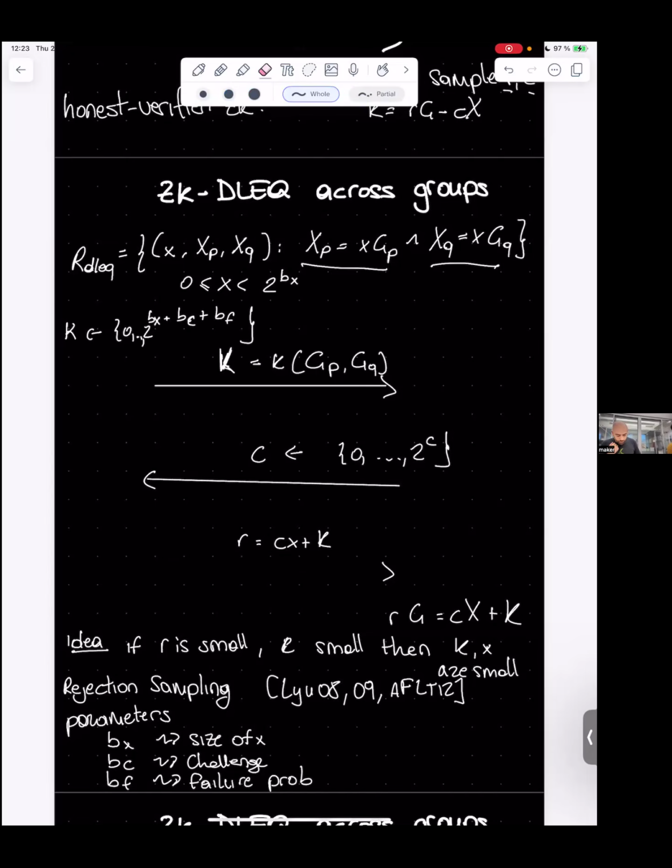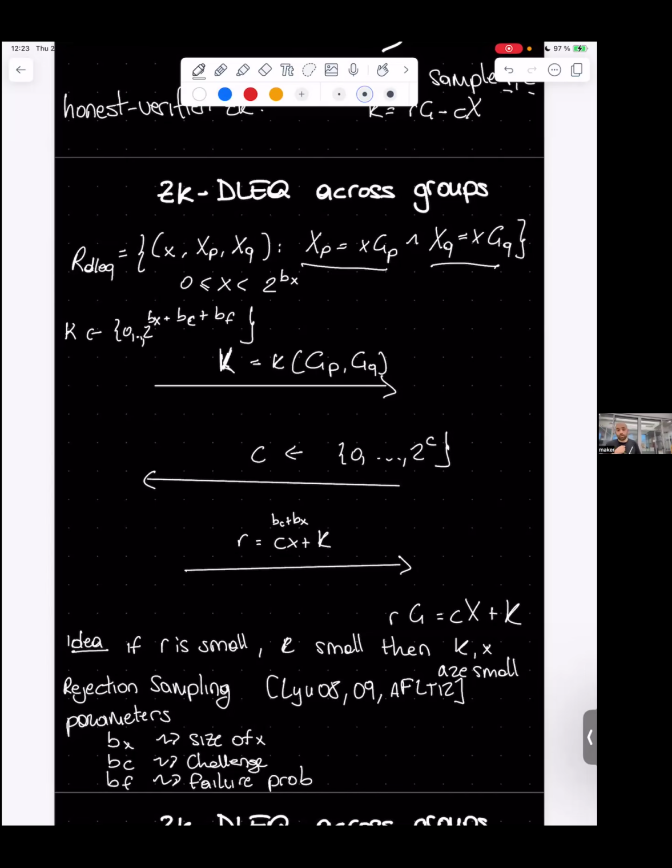Let's think about this operation again for computing the response over the integers, and try to compute the bits. So if C has number of bits B of C and X has number of bits B of X, then this multiplication will give us at most BC plus BX bits.